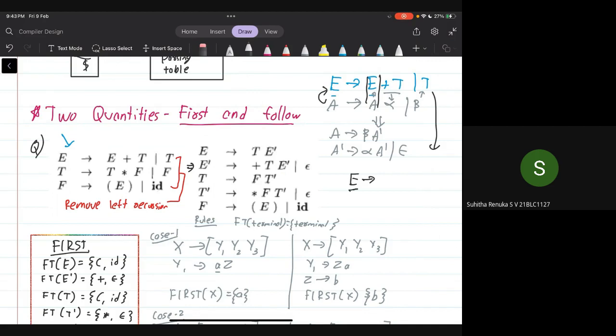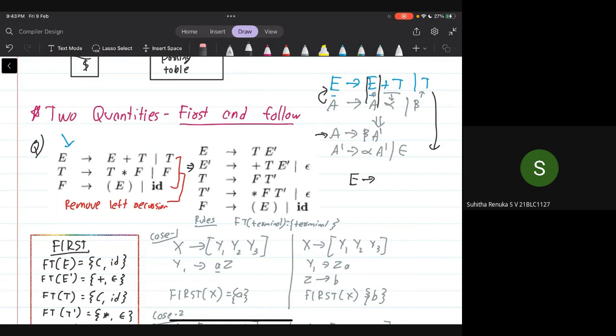Now your formula says to remove left recursion, you have to write in this form: A goes to beta A dash and A dash goes to alpha A dash or epsilon. When you apply this, what will you get?